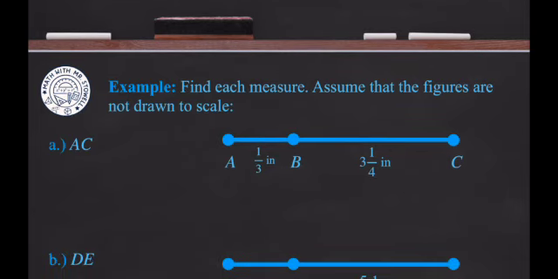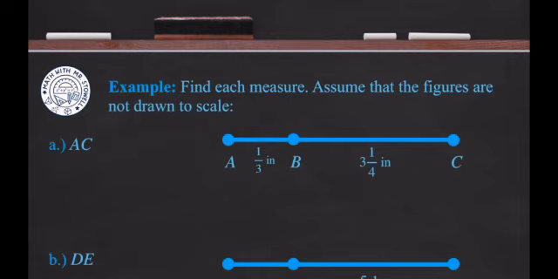Find each measure. Assume that the figures are not drawn to scale. So we have segment AB, which is 1/3 inch. We have segment BC, which is 3 1/4 inch. Again, not drawn to scale, so it's not accurate on the actual inches.